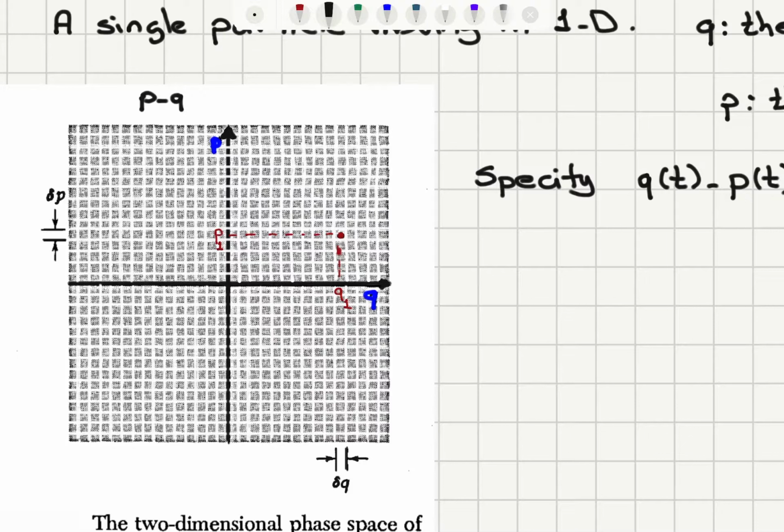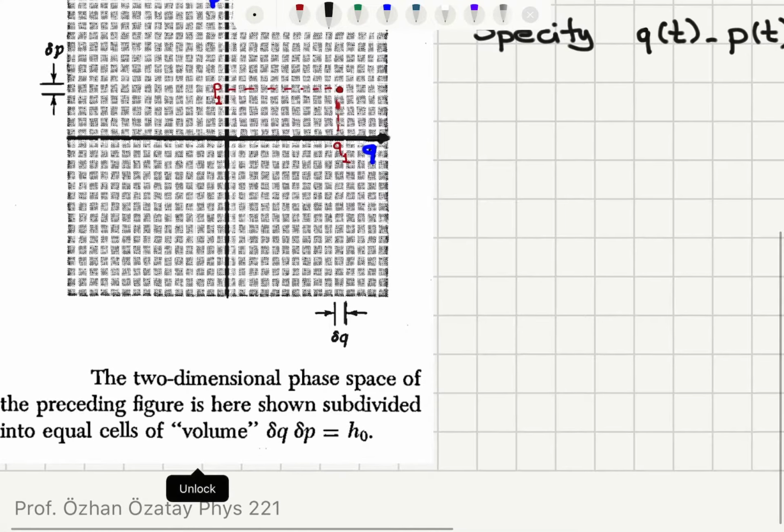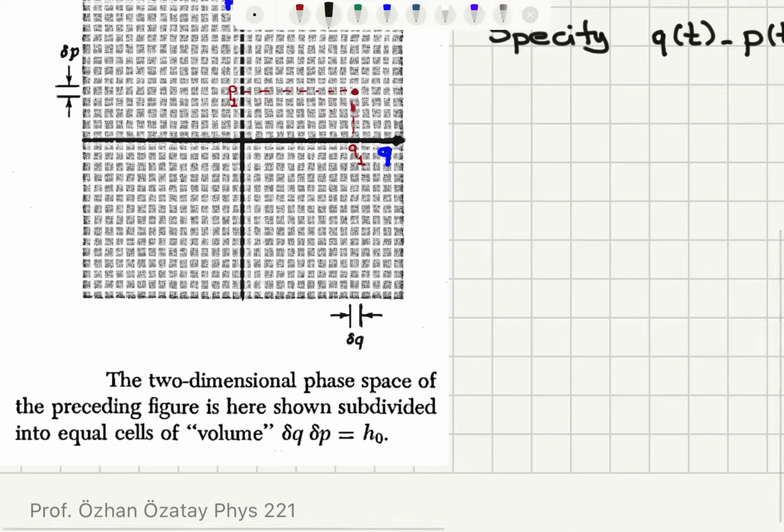It's a two-dimensional phase space where we have delta Q and delta P as our unit for the cells, and their product is h0.